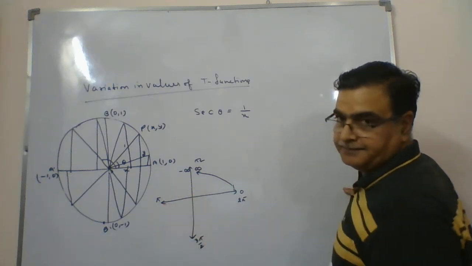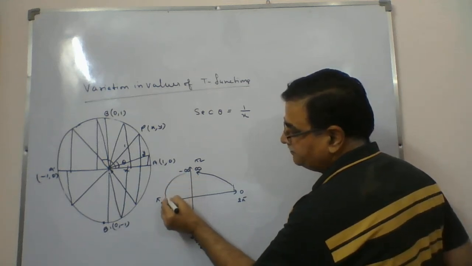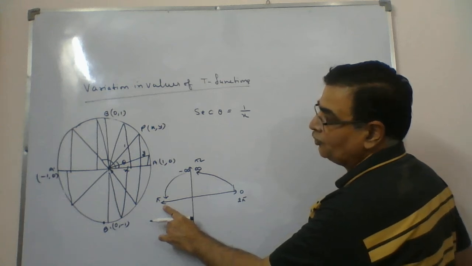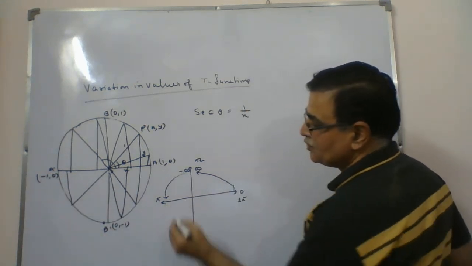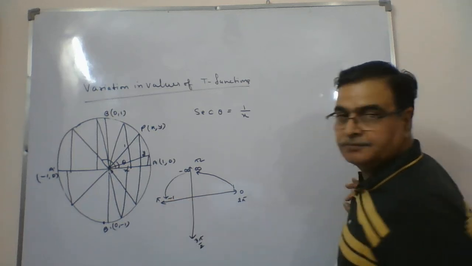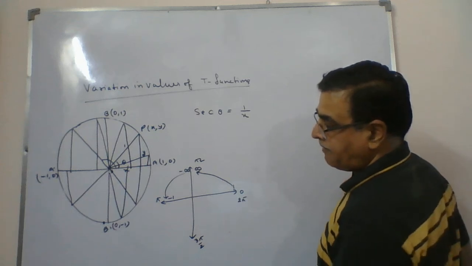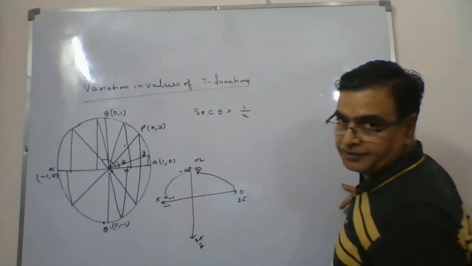When you reach pi, at this place, what about your x? Just check here. X is coming minus 1, so it will remain minus 1. When you go down, what about x? X still remains minus here.